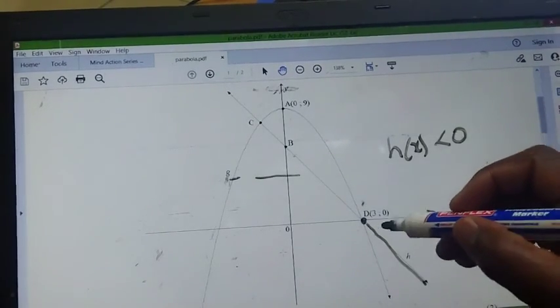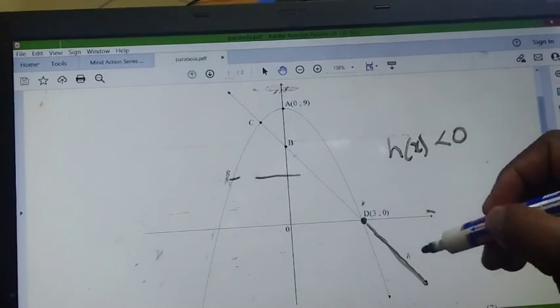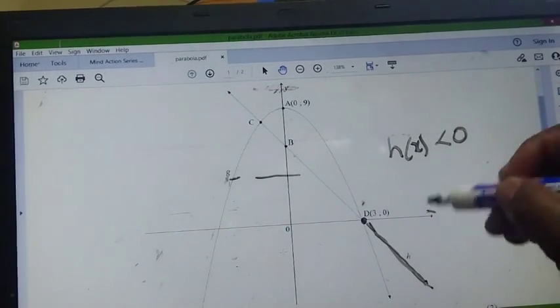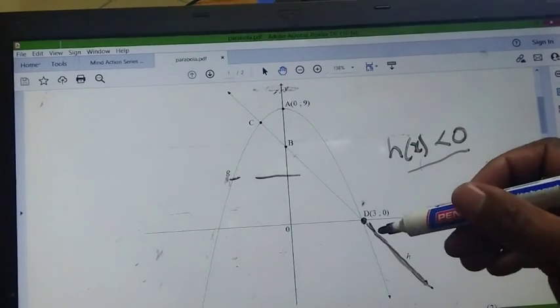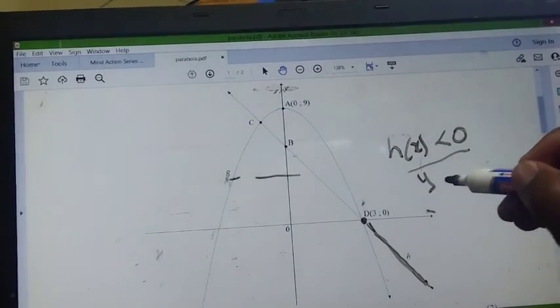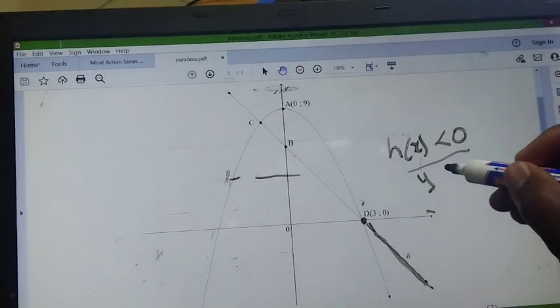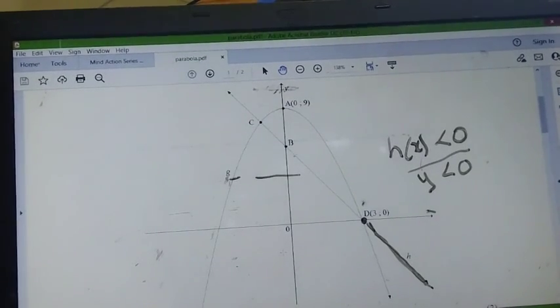So we want to describe this part of the graph that is below the x-axis. That is where h of x is less than 0, where the values of y for h of x are less than 0.